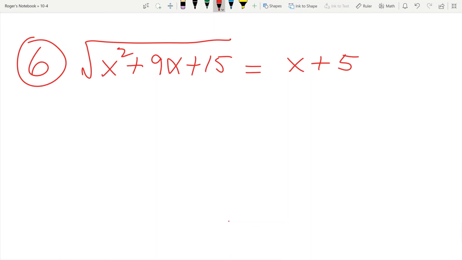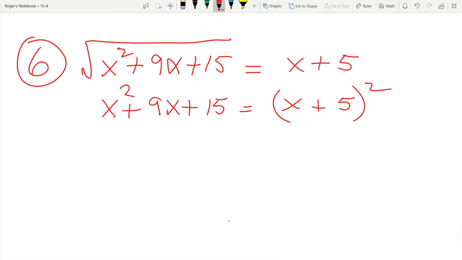So squaring both sides now, we get the radicand, which is what's inside, x squared plus 9x plus 15, is equal to x plus 5 quantity squared. So I squared the left and I squared the right. When you square the left, you get what's inside.